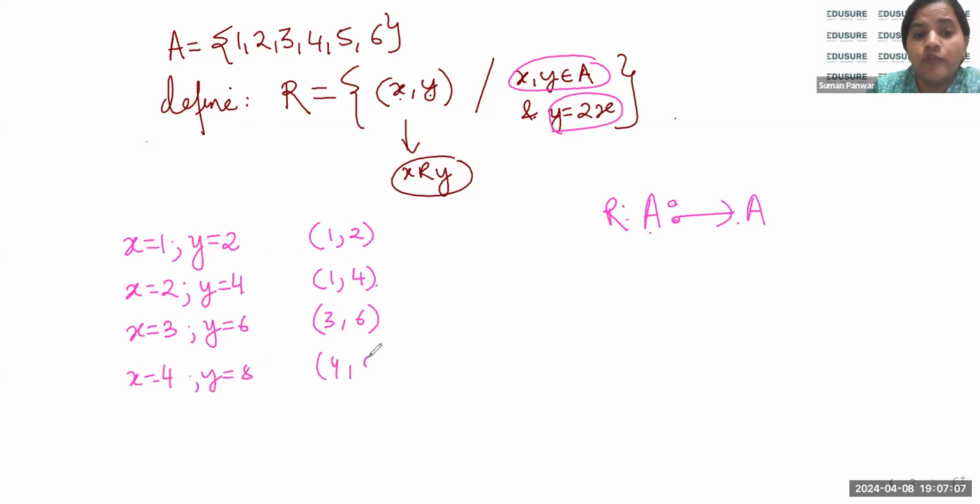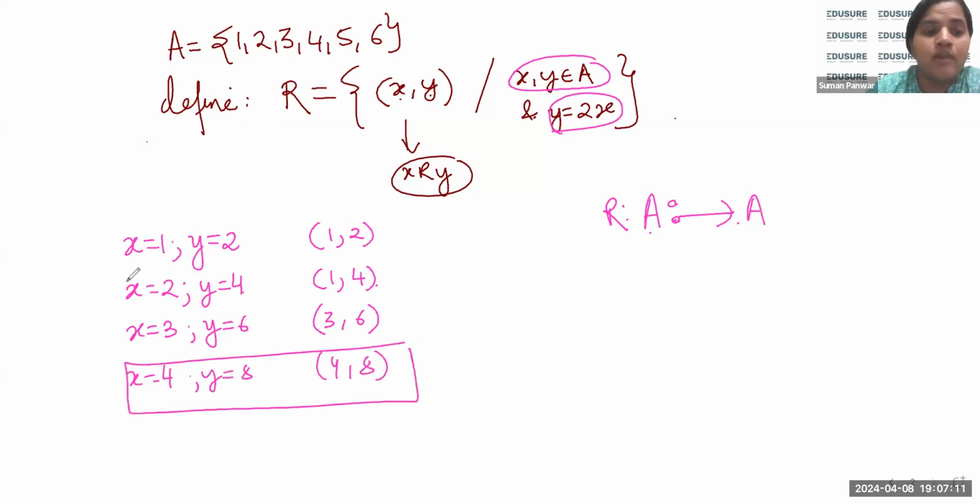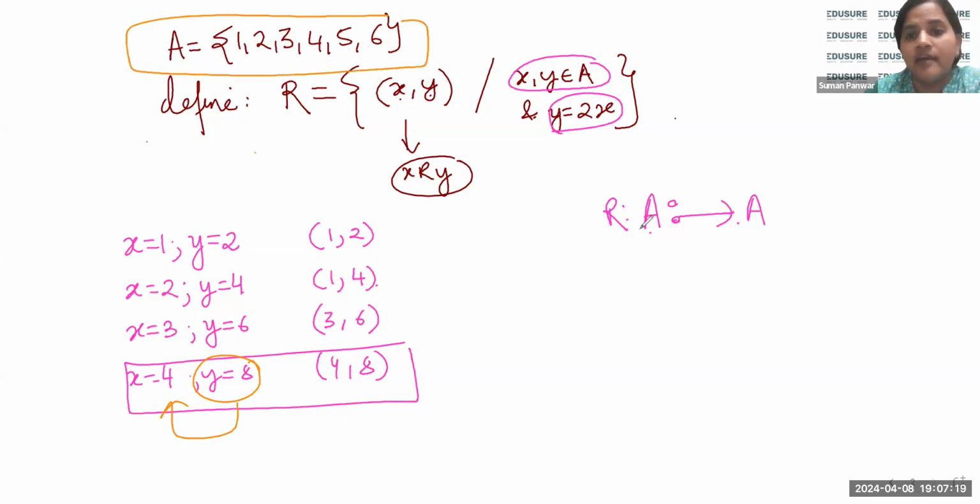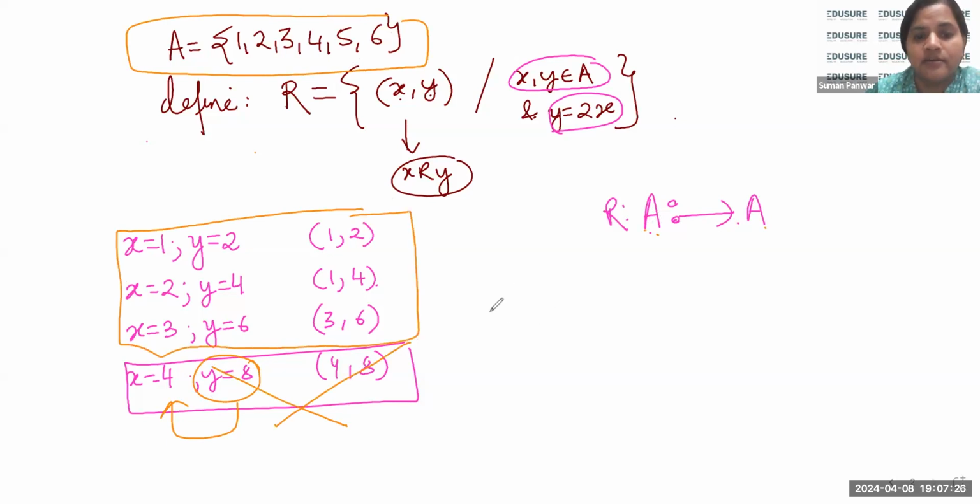So 4 would be related to 8. Now here is a problem. The y here, which is related to 4, is not inside the set A, where R is defined from A to A. So our relationship ends here. So R becomes {(1, 2), (2, 4), (3, 6)}.